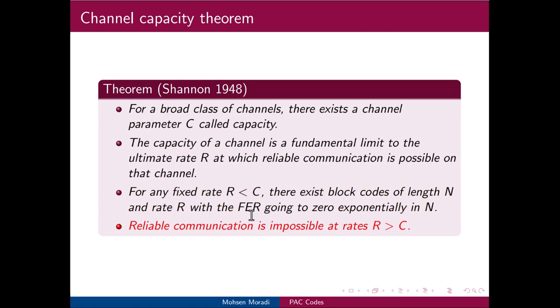And also, reliable communication is impossible at rates above the capacity. So the channel parameter C, which is the capacity, defines a region where reliable communication is possible for the rates below it, and it is impossible for the rates above the capacity.